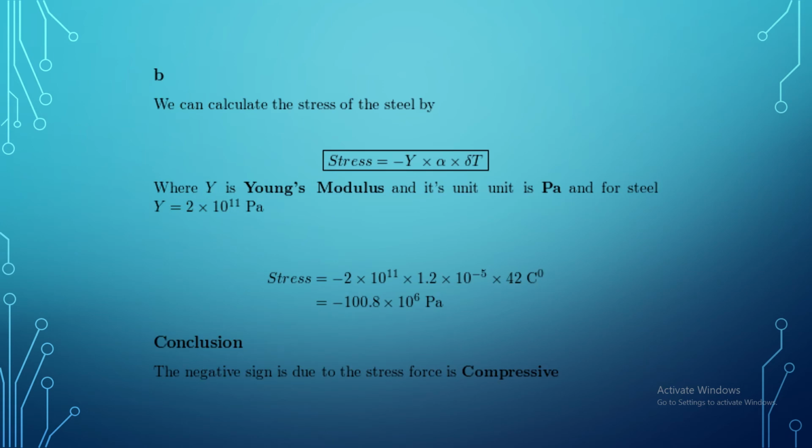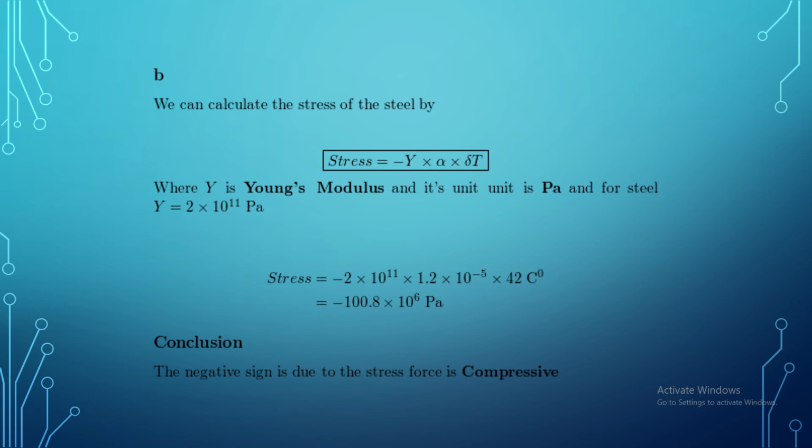B. We can calculate the stress of the steel: stress is equal to negative Young's modulus times the constant times the change in temperature, where Y is Young's modulus, which has units of pressure, and for steel Y is equal to 2 times 10 raised to 11 Pascal.